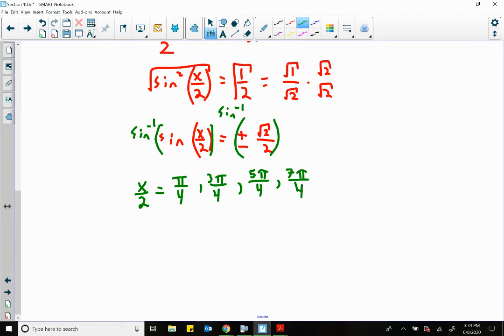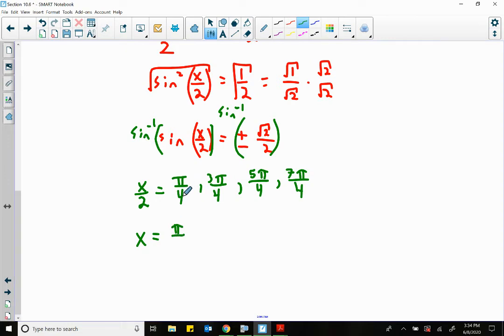So then, now, let's take a look at some information. We want to figure out all these pieces of information, but it's a half angle. So what do I got to do with all these answers? I got to multiply them by 2. So x is really equal to the following.